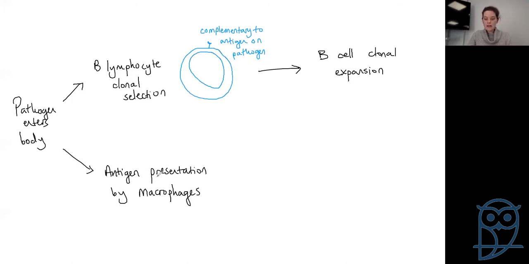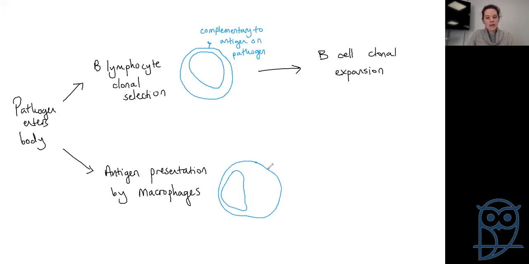Macrophages presenting the antigen now triggers T cell clonal selection. But let's just have a look at how that happens. So our antigen can also be in blue. Our macrophage can also be in blue. So there's a macrophage, a big cell, also with a relatively large nucleus, but not proportionately as large as the lymphocyte.